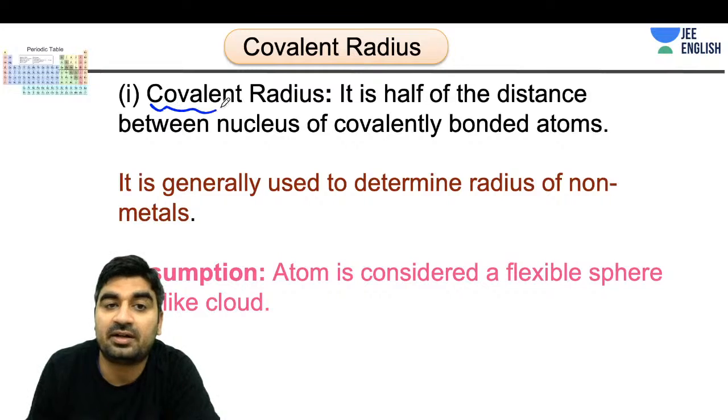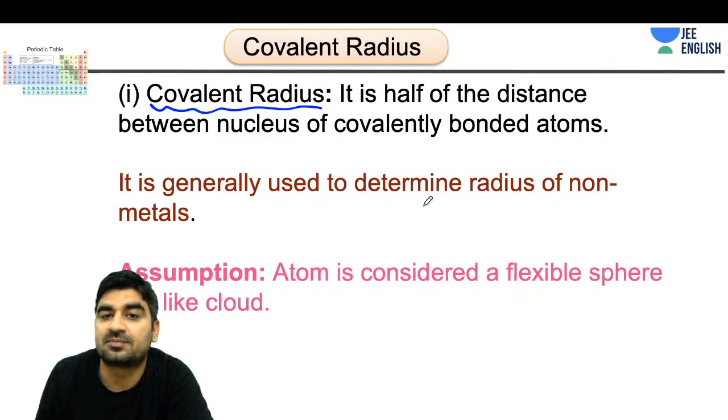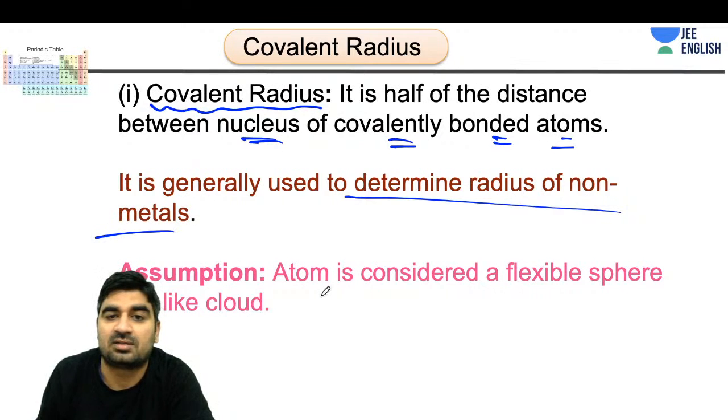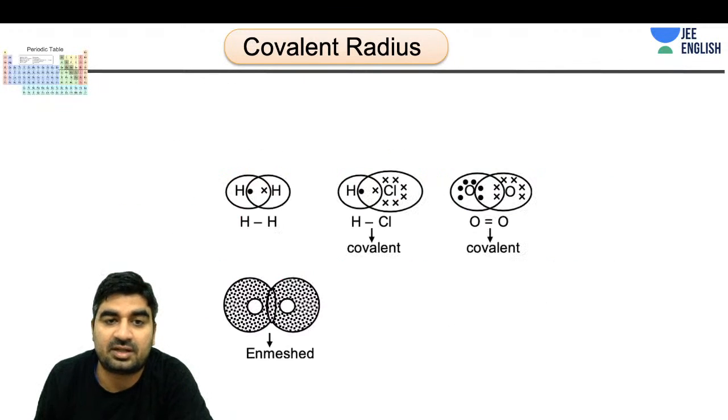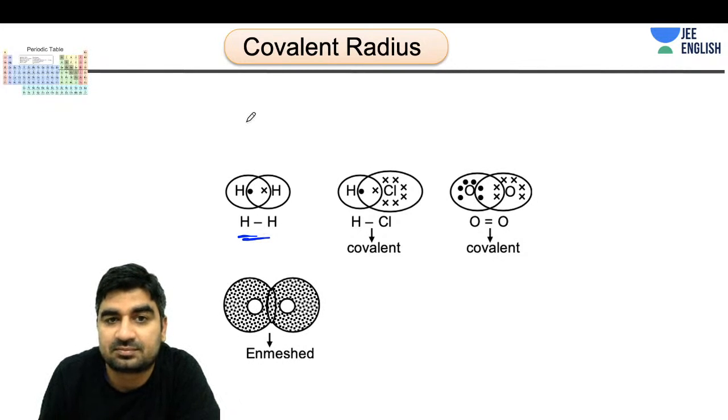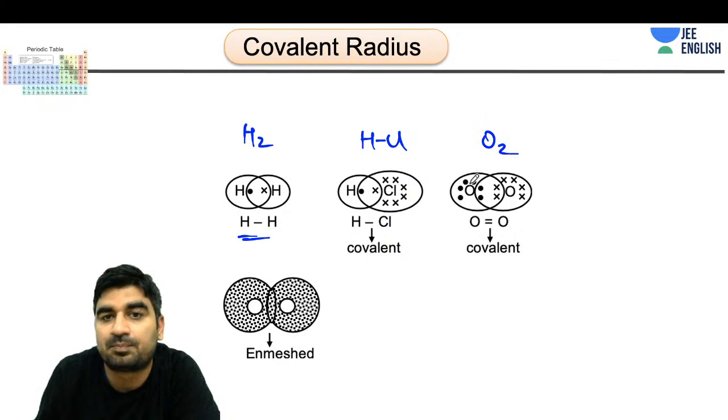So covalent radius. What is covalent radius, guys? It is half of the distance between the nuclei of covalently bonded atoms, and it is generally used to determine the radius of non-metals. So guys, let me tell you, this is hydrogen, H2, HCl, O2.